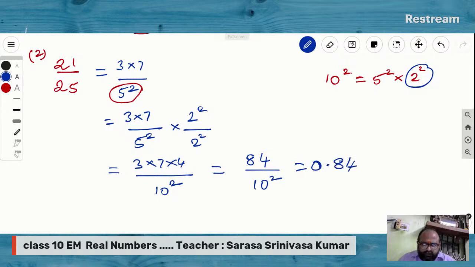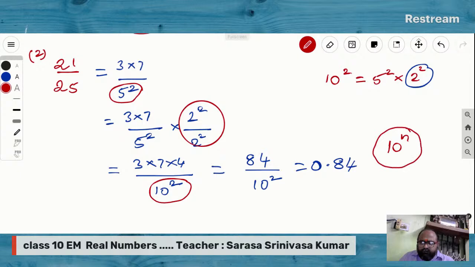We have not done the actual division here, but what we have done is we converted the denominator in the form of 10 power n. Denominator should be converted into the form of 10 power n.